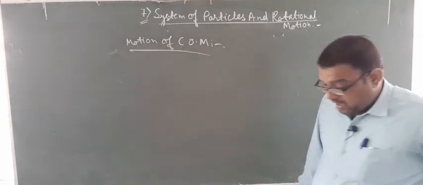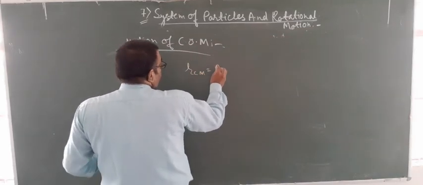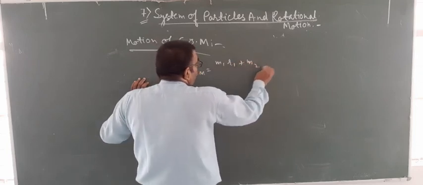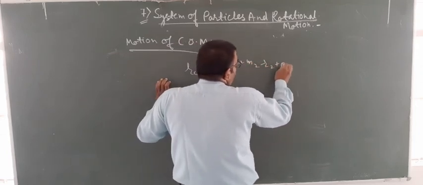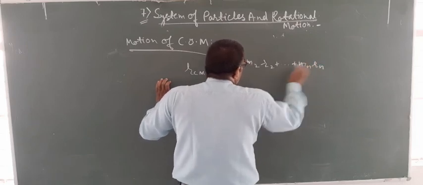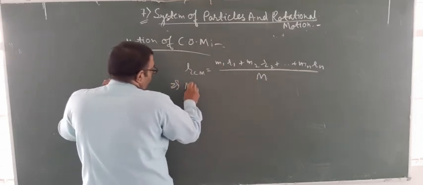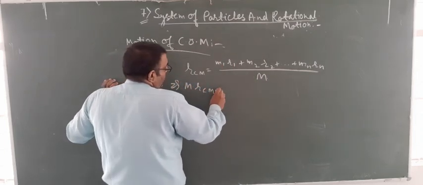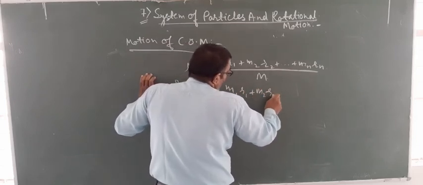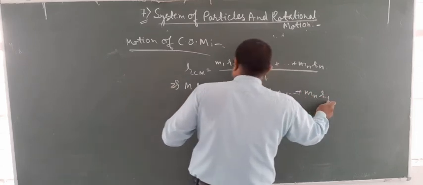As we know, the position of the center of mass can be given as m1 r1 plus m2 r2 plus so on up to mn rn, upon M. Now it can be written as capital M rcm is equal to m1 r1 plus m2 r2 plus up to mn rn.